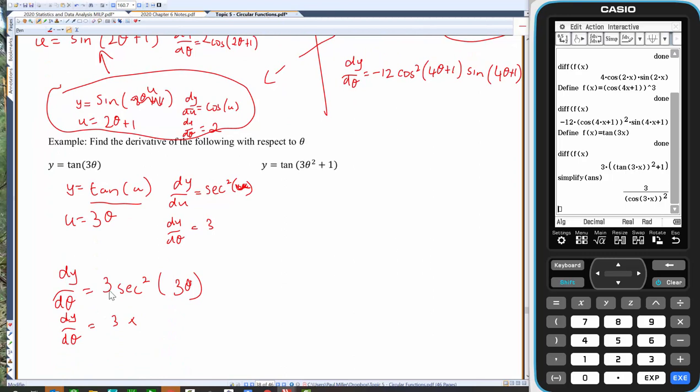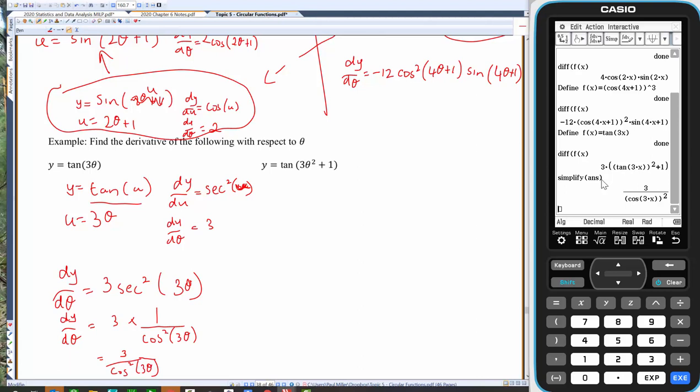I'm going to grab this value here. This is 3 multiplied by 1 over cosine squared 3 theta, which is equal to 3 over cosine 3 theta all squared. Extend that vinculum out, and we've got the answer that matches the calculator.